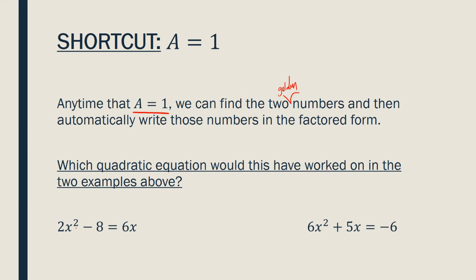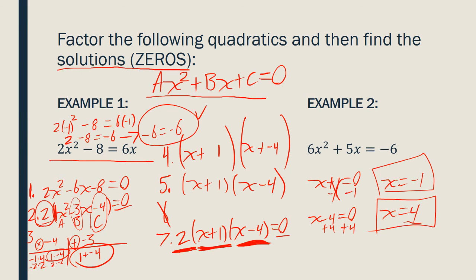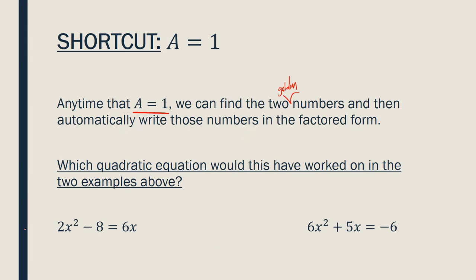Remember, we just did this equation right here, 2x squared minus 8 equals 6x. And I determined that after I took out a greatest common factor, I had x squared minus 3x minus 4. That's right here. So once I got this into standard form and took out a greatest common factor, I had x squared minus 3x minus 4. Well, in this case, when I write out my quadratic in standard form and I identify A, B, and C, I notice that A is equal to 1.